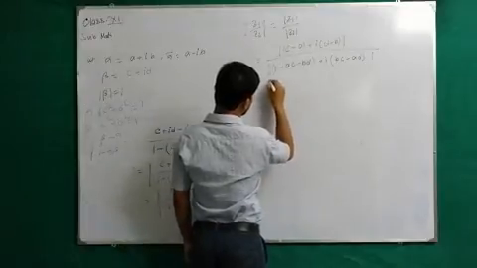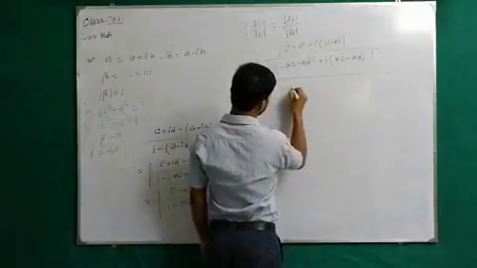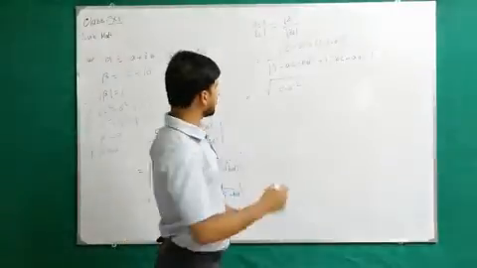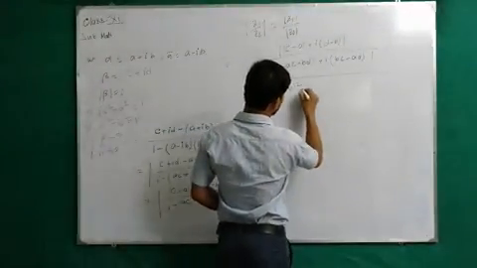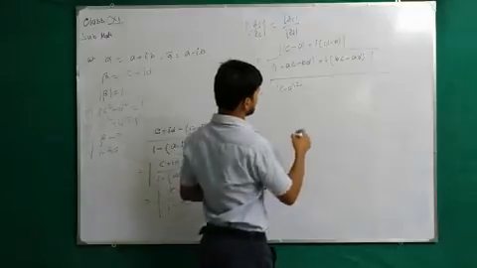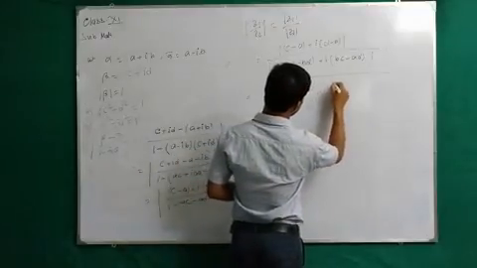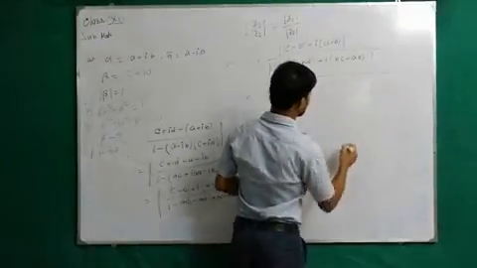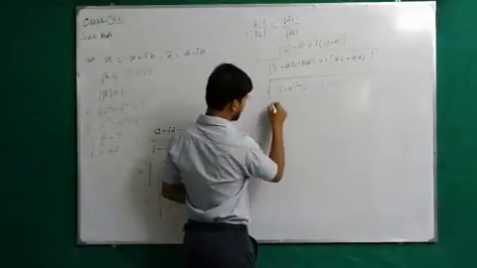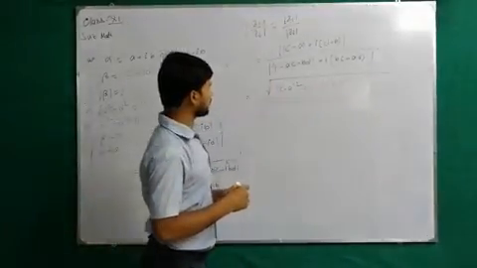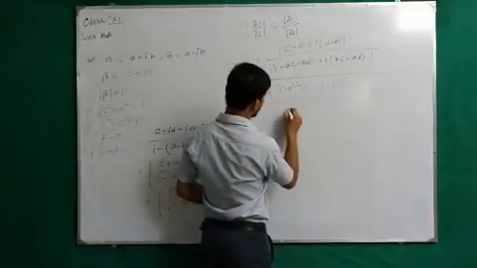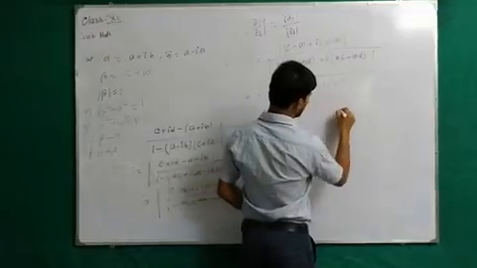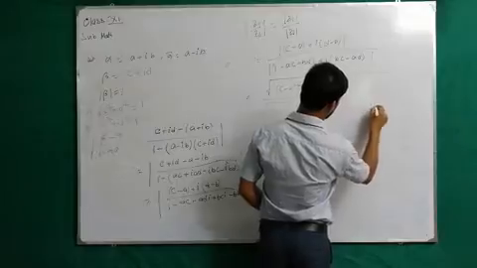That will be under root over of (C minus A) whole square plus (D minus B) whole square, divided by under root over of (1 minus AC minus BD) whole square plus (BC minus AD) whole square.